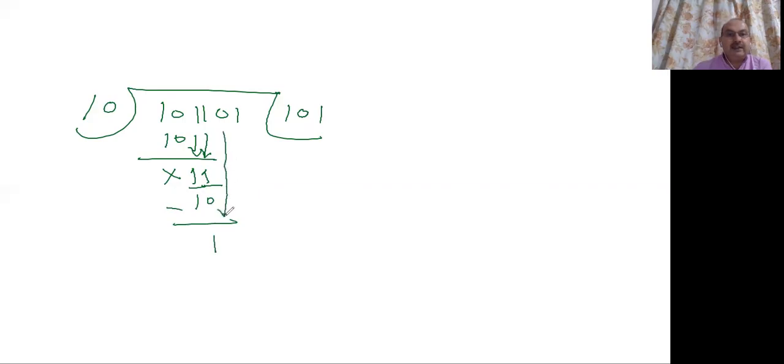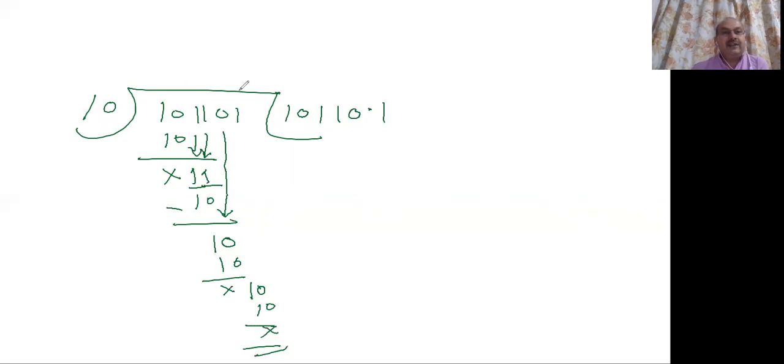This 0 is copied down as it is. It goes one time. 1 0. Now what is left is 1, so it will not go. So we write 0. And then we write a point. And when we write the point, we can add digits, because we are going to go further. So point, and it will come 1.